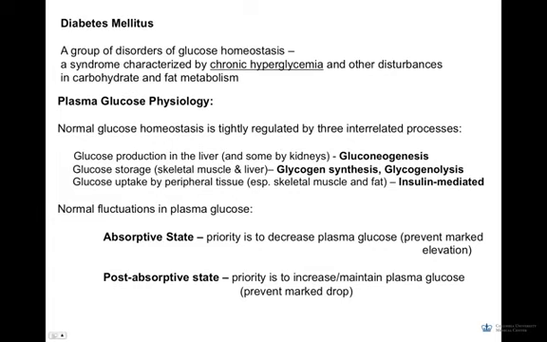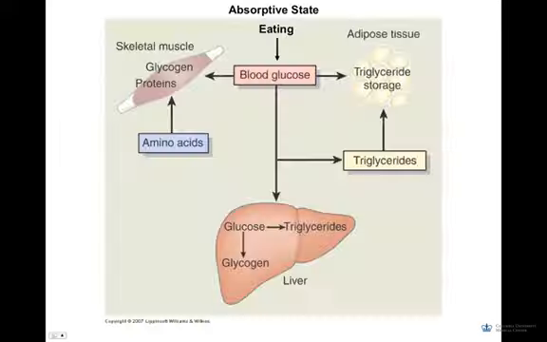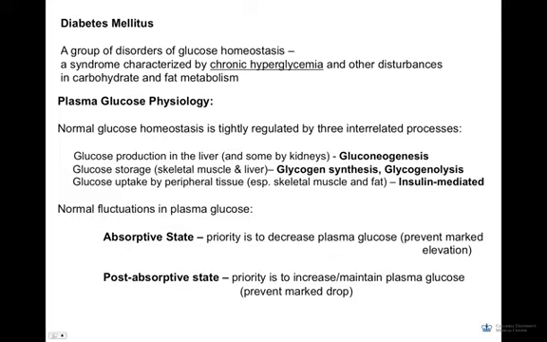But we also need to maintain this healthy range in the face of expected and normal significant fluctuations in blood glucose. And the fluctuations that are expected and normal occur around times of feeding and times in between feeding. So these two states that represent normal times of glucose fluctuation, we call them, number one, the absorptive state.